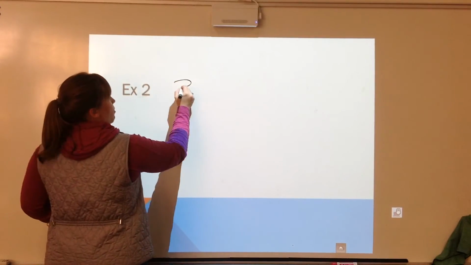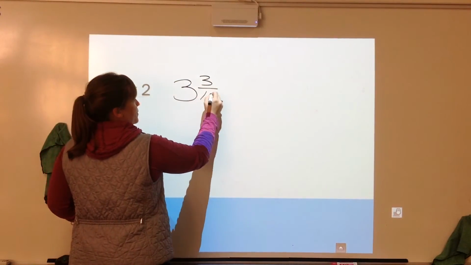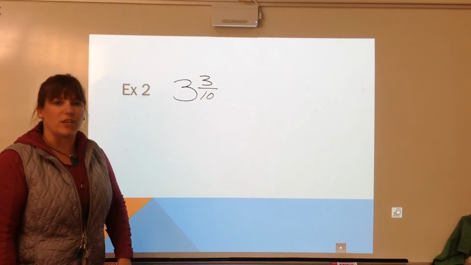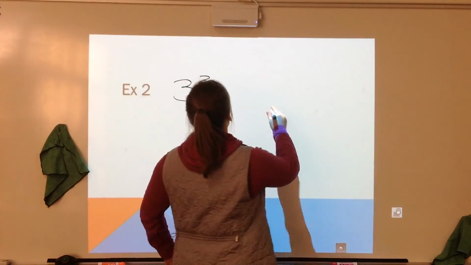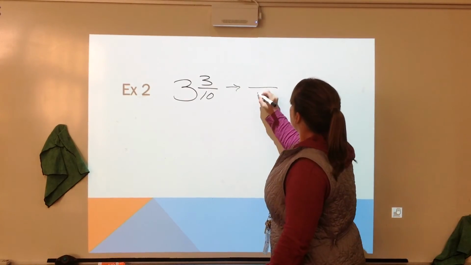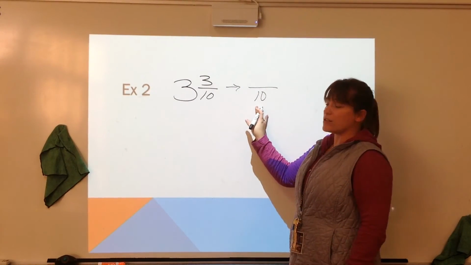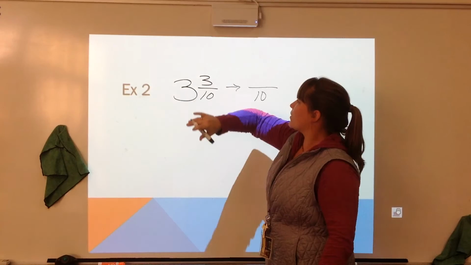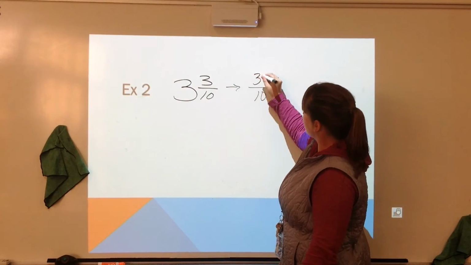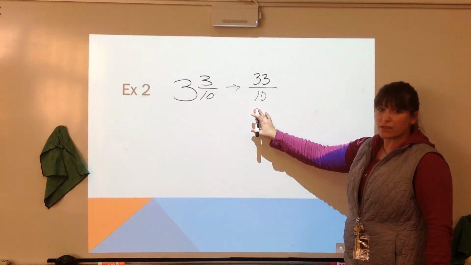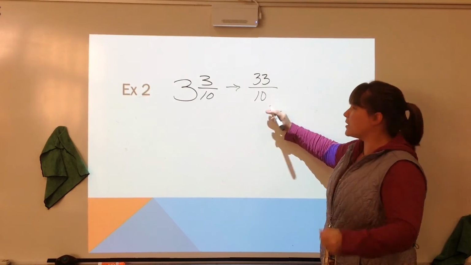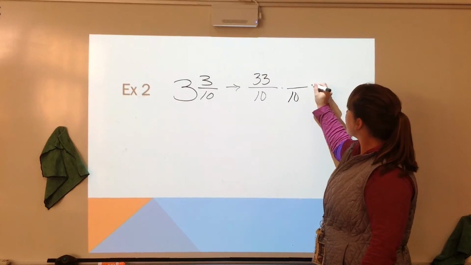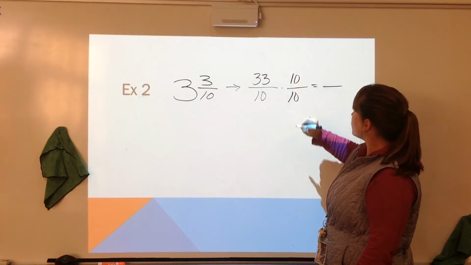Final example, 3 3/10. We want to change this to a percentage. Let's do the improper fraction strategy first. Improper fraction, as the 10 is the denominator, 10 times 3, 30, plus 3, 33. Now that we have this, we have it as a 10. I'm going to get 100 in the denominator by multiplying it by 10 over 10.